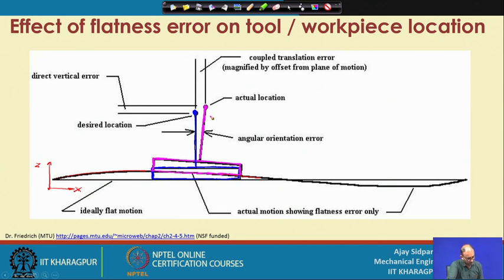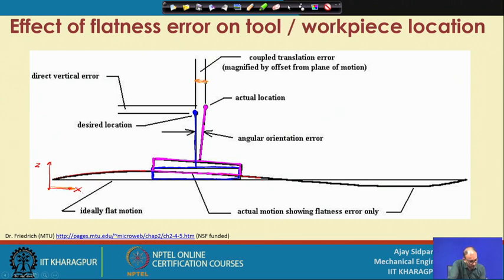Now, what is the problem here? Even though there is a deviation in the x direction, what we are getting here is a shifting in this particular direction. So, this is in the x direction.